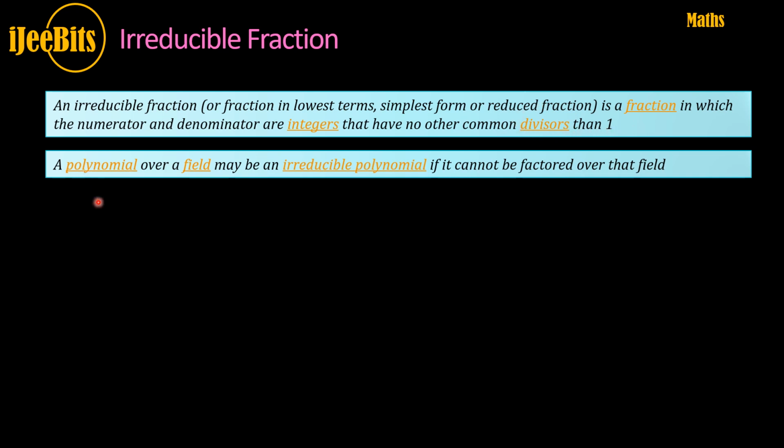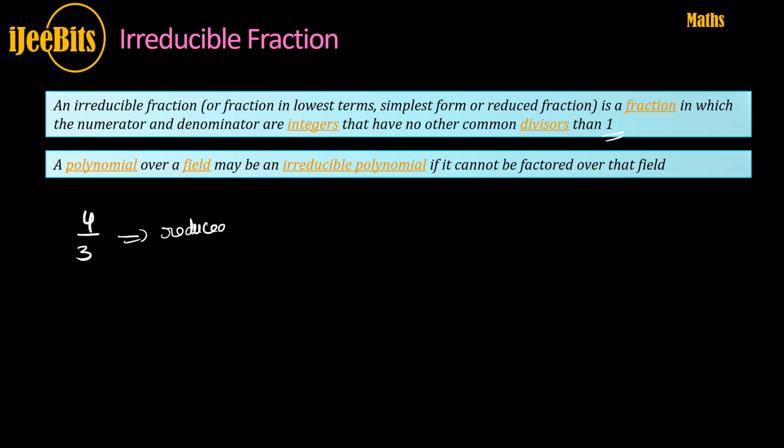Right? So what we saw in the previous example, if I have a fraction like 4 divided by 3, the only common factor between 4 and 3 is 1, right? So you don't have anything more than that, and hence this is already a reduced fraction.